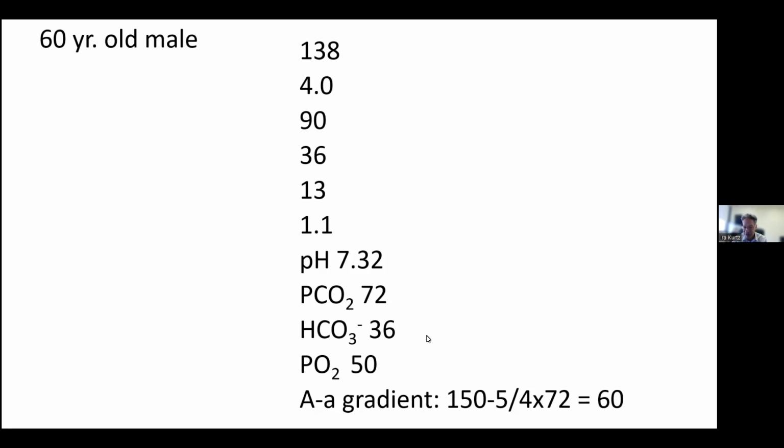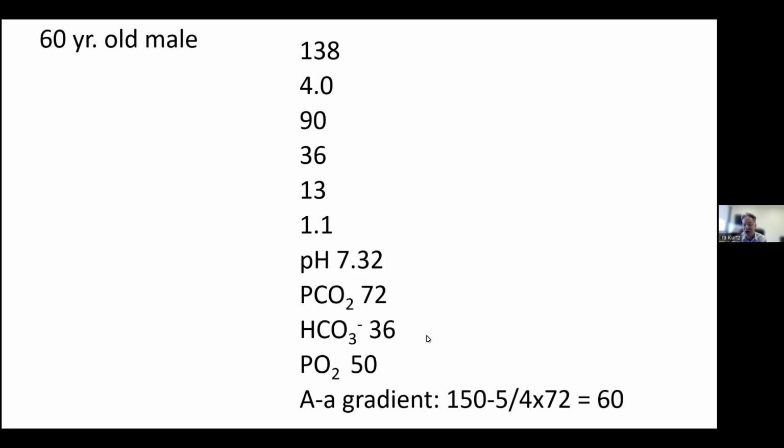On room air, it would be 150. That's the partial pressure of oxygen in room air. It would be 150 minus 5/4 of the PCO2, which gives the oxygen in your alveoli. So you're only starting off with a PO2 in your alveoli of 60 something, just because you can't have a PO2 any higher when the PCO2 is 72.